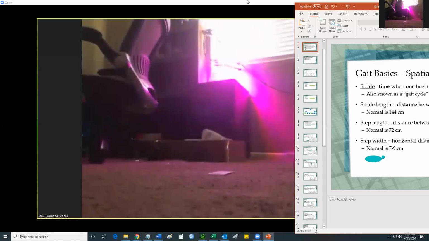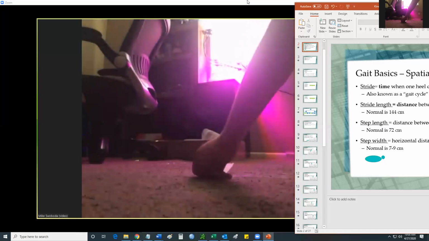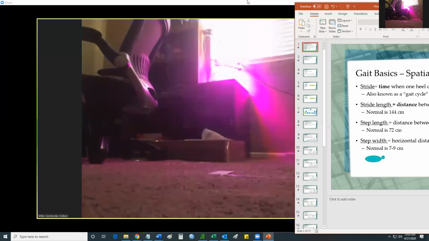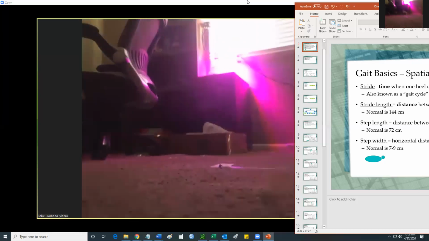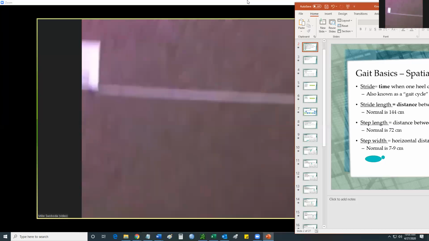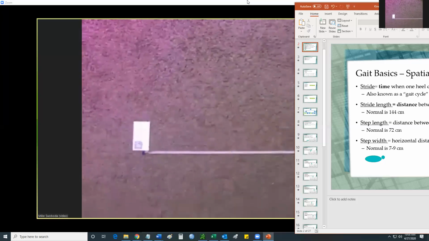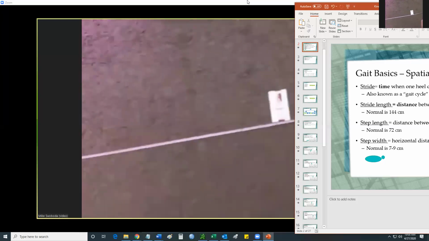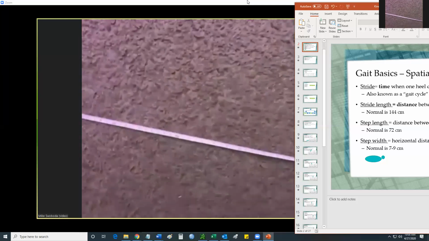And if I do that real quick, so you can see I have the tape measure going from, oops, actually that should be up there.